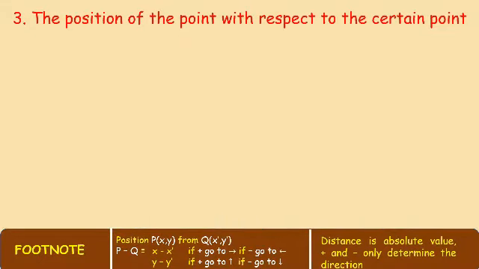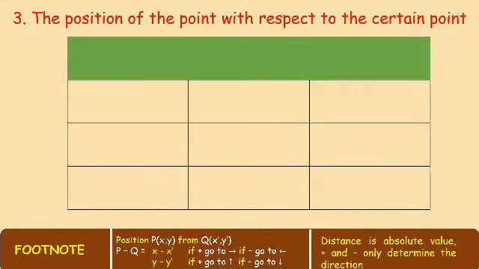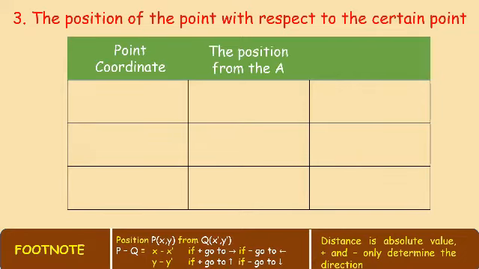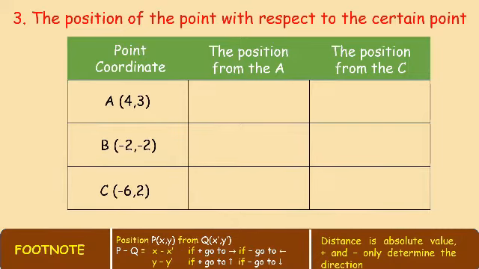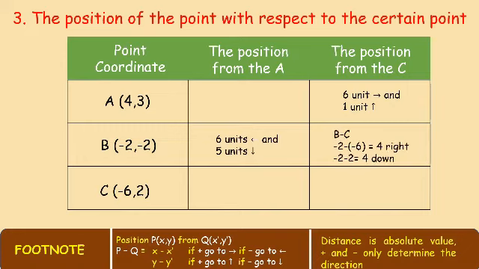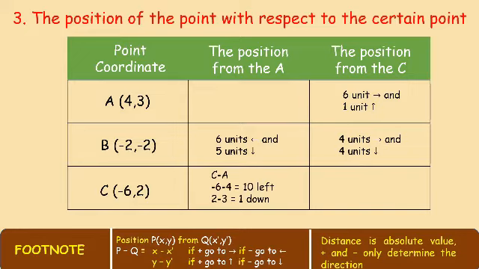Now, I have a table that consists of point coordinates, the position from A, and the position from C. Let's try and analyze the distance of each point from A and from C. Wow, good job!